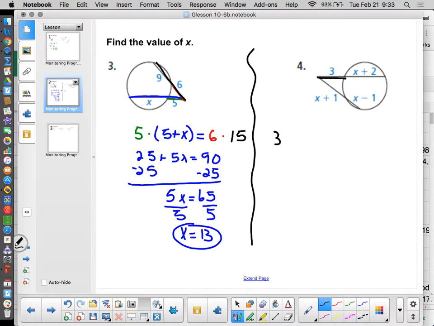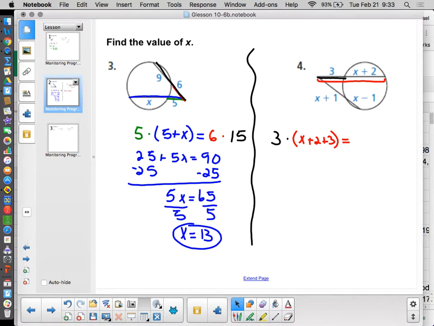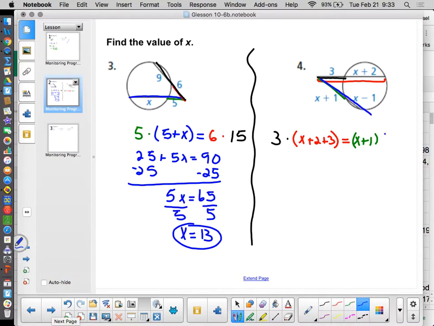Definitely more complicated. 3 times the whole thing, which is going to be x plus 2 plus 3, equals, and we're going to simplify that in a minute, so don't worry, x plus 1, the external part, times the whole thing, which is x plus 1 plus x minus 1.